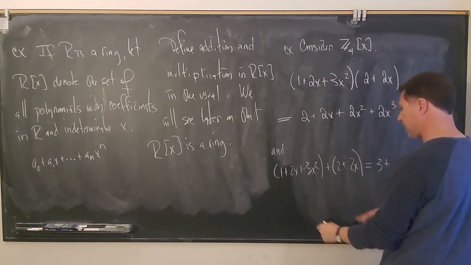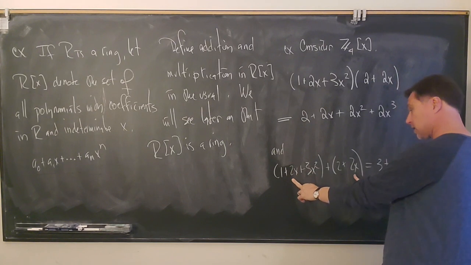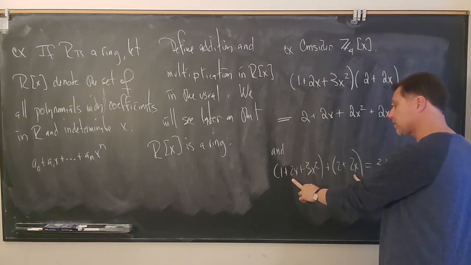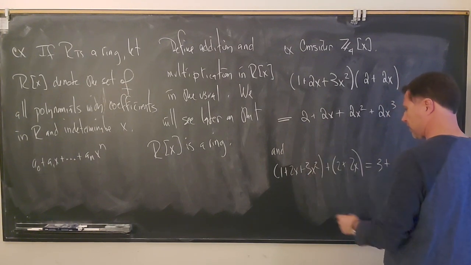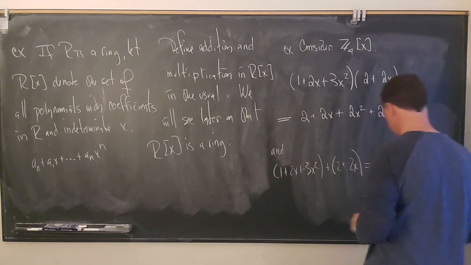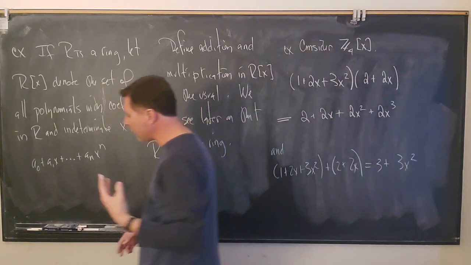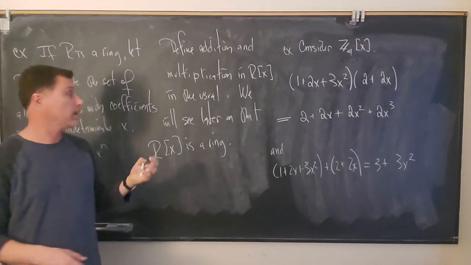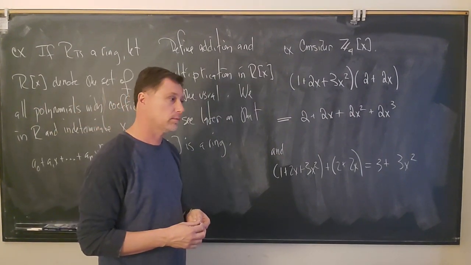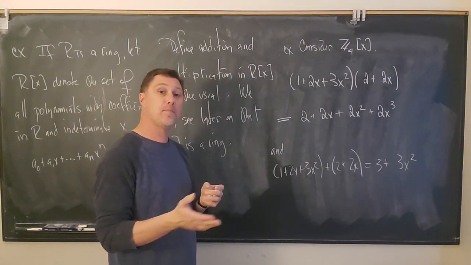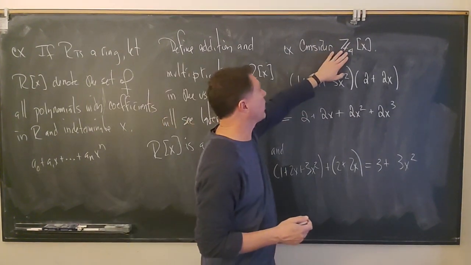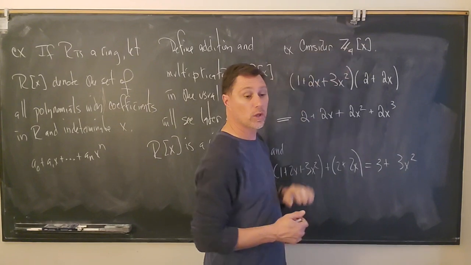Then 2x plus 2x gives me 4x, which is 0x. Then I'll have plus 3x squared. So add and multiply polynomials as you normally would, but then make sure to use whatever operation is effective in the corresponding coefficient ring.